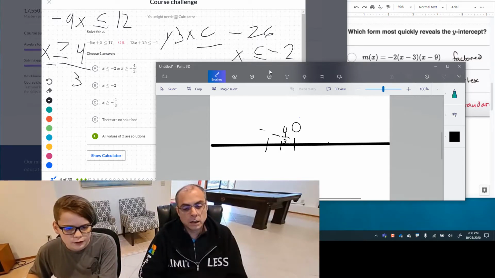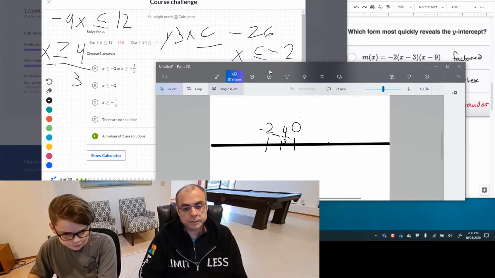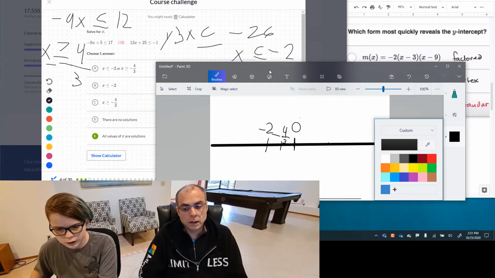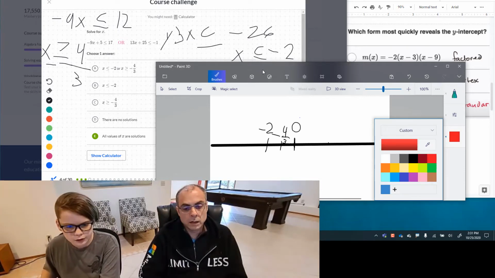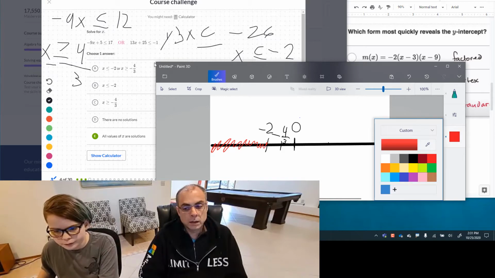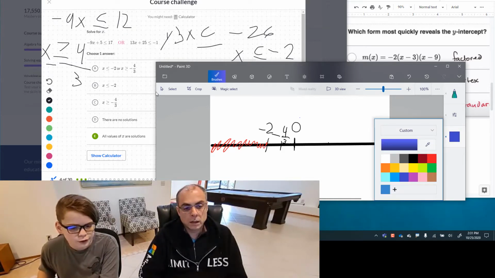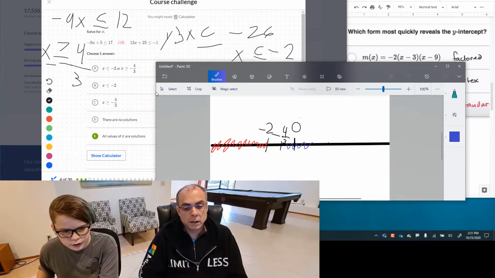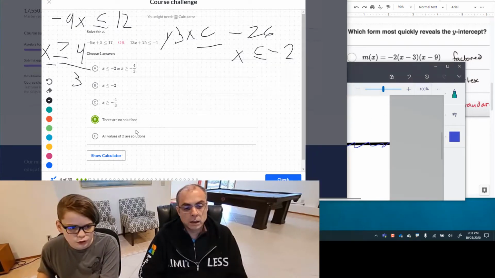So on negative 2, x is less, so it'll go this way. On negative 4 over 3, x is greater, so it goes this way. So then that makes no solutions.